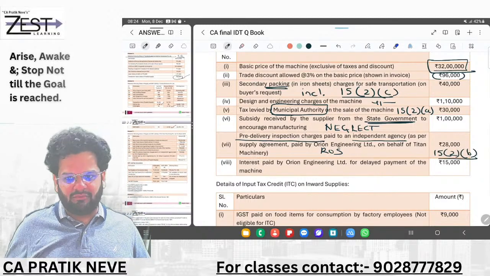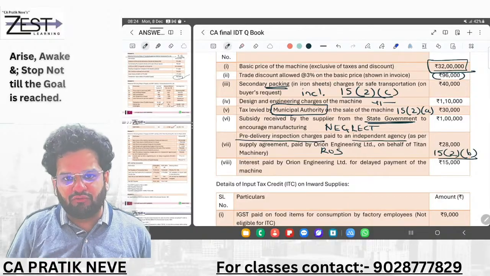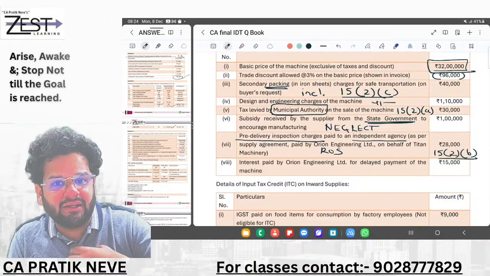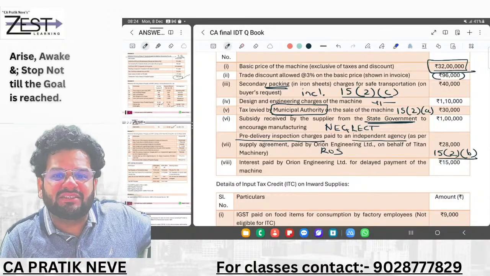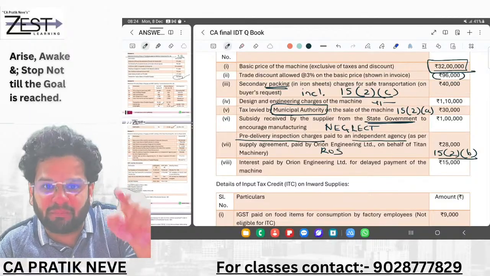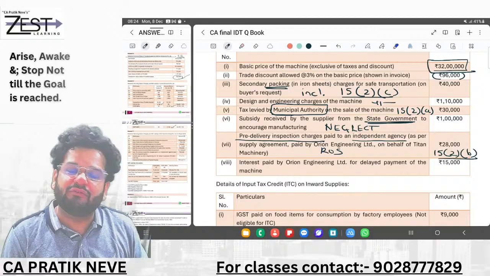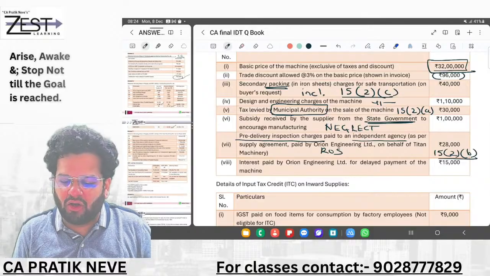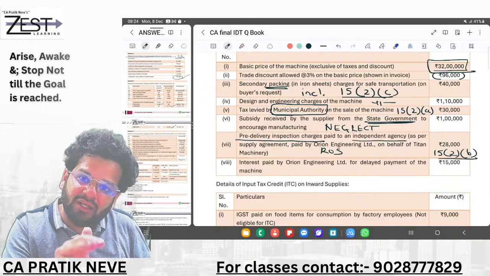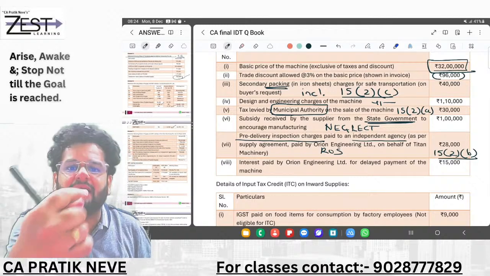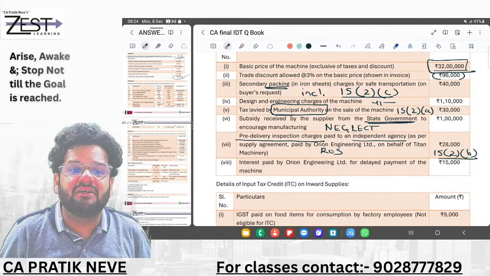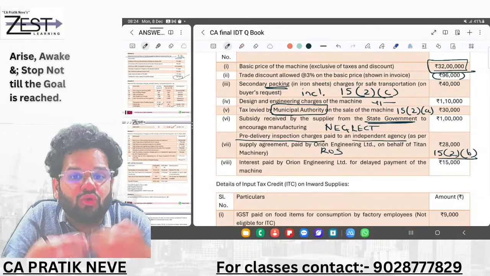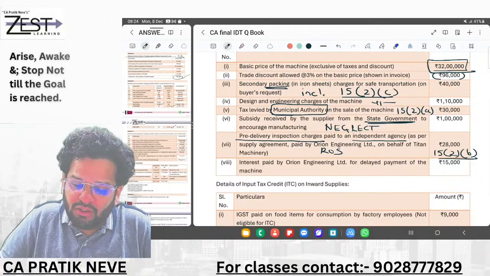If I am the supplier and any amount you are paying, means I had a liability towards someone and you, the recipient of supply, are settling that liability, then friends, assessable value goes up to that extent, because any amount incurred by the recipient on behalf of the supplier is as good as an extra benefit for the supplier against the goods which he is supplying. So it should be included.